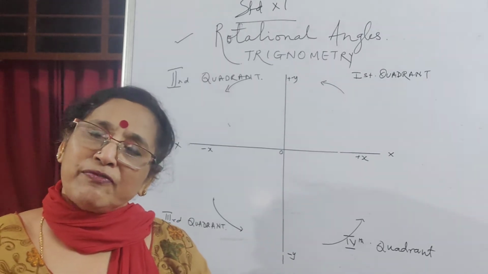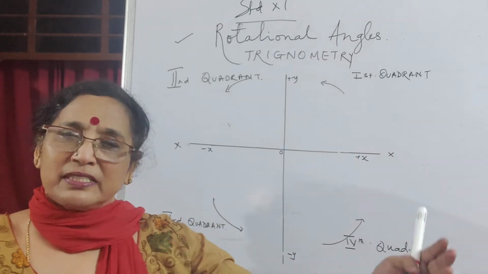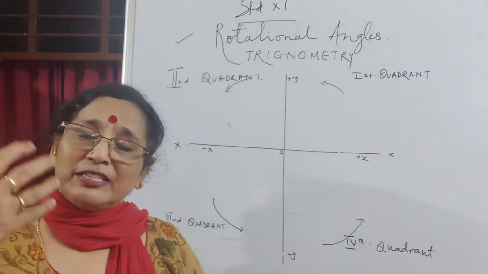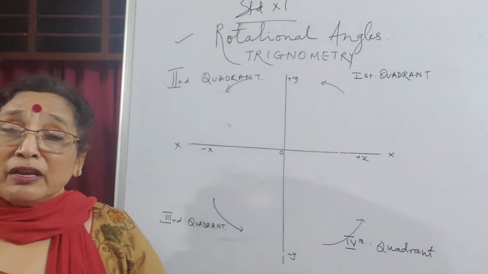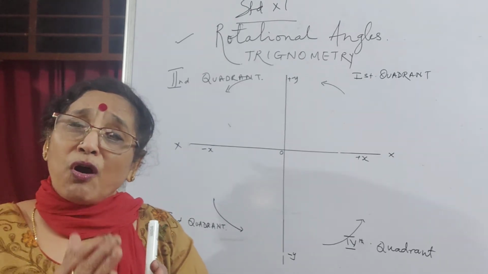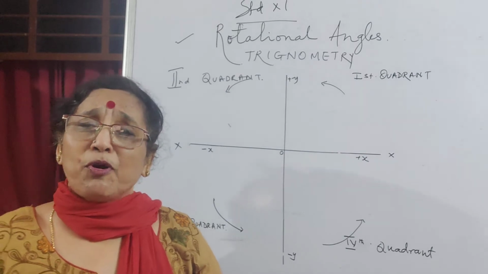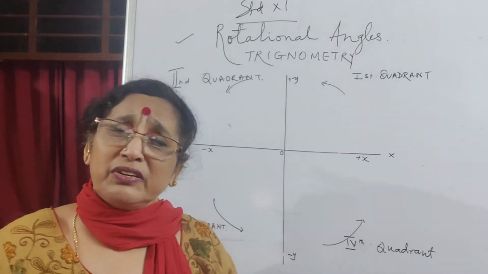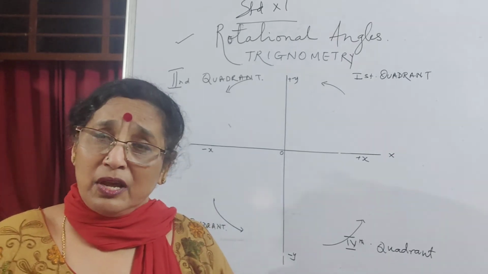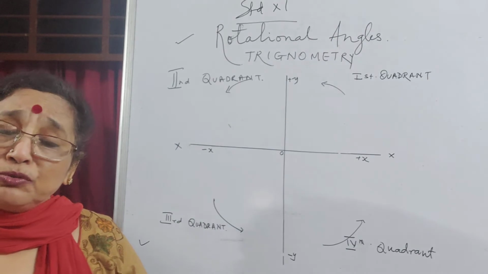Then how does one find the value of sine 720 degrees or sine 360 degrees or sine 1080 degrees or tan 1000 degrees? Now this, which is more than 360, we only know that the maximum we can go around a point is 360 degrees. Then what is this 1000 degrees and 900 degrees? Okay, so this is what we are going to do today.